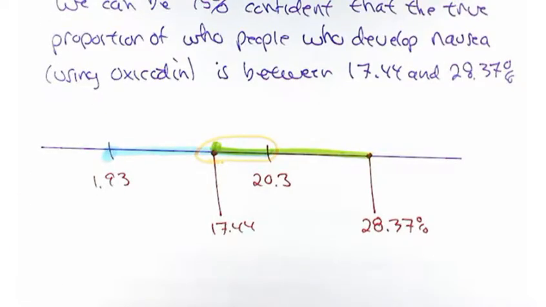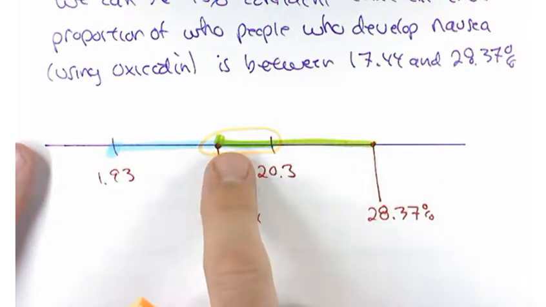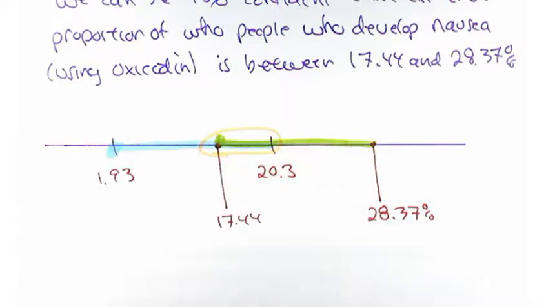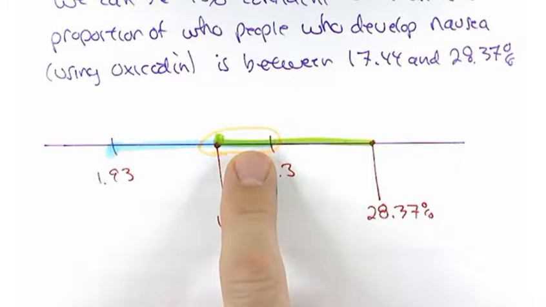They overlap. So the percentage of people who develop nausea just because could be in here. And the same thing is true with oxycodone users. It could be in that interval as well. So what it's saying is that these are not necessarily different proportions. They could be the same.